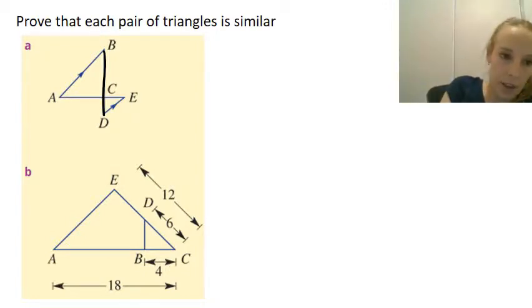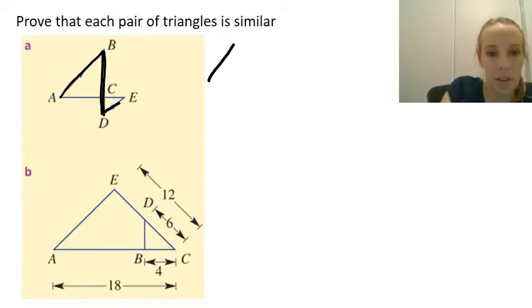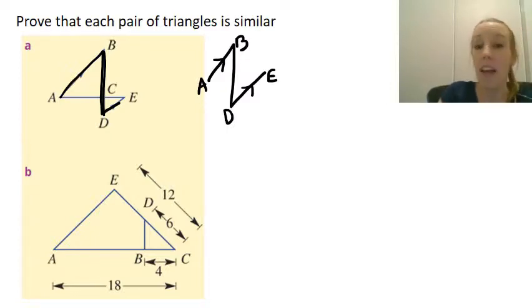So, for instance, let me draw it so it's a bit more clear. This is A, this is B, D, E. We've got parallel lines, AB and DE, and they're being cut by that transversal, so that's going to create a pair of equal alternate angles.